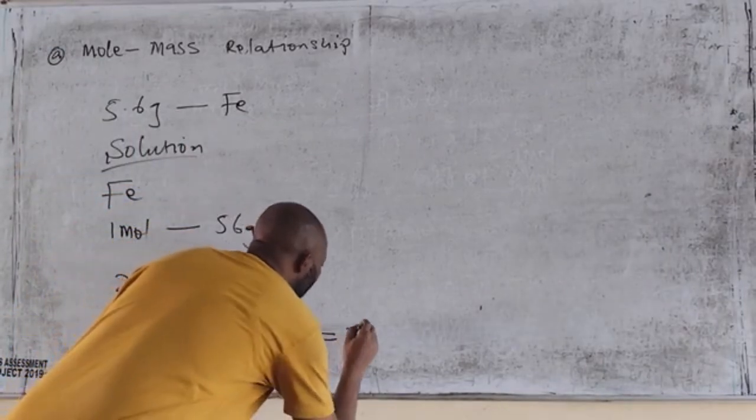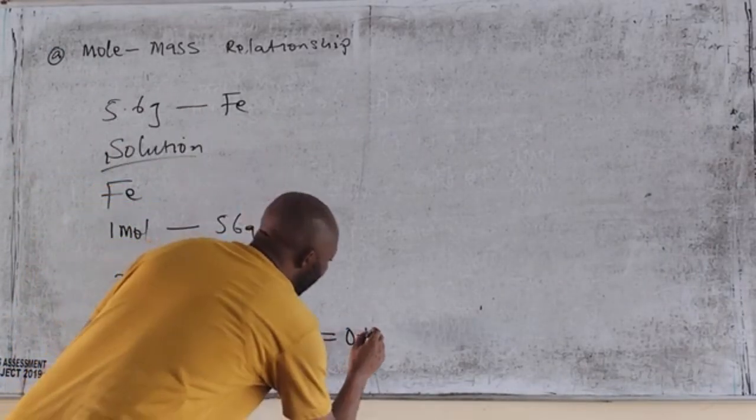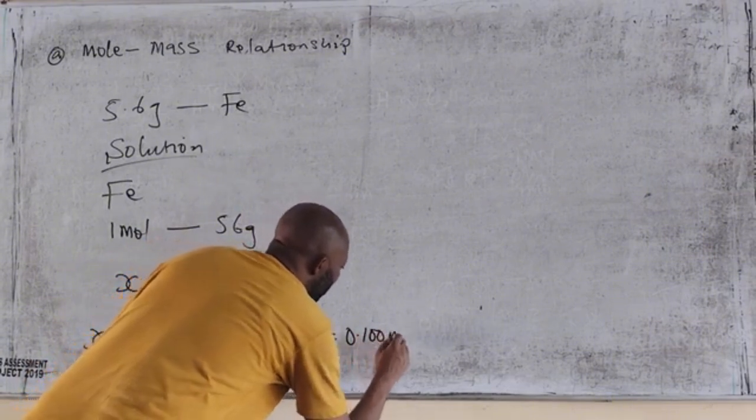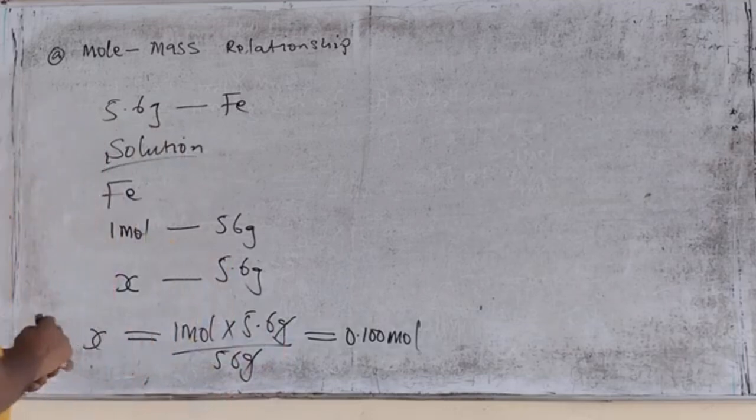In chemistry we use 3 significant figures, so it becomes 0.100 mole. The gram cancels the gram. So this is our third question, if I'm not mistaken.